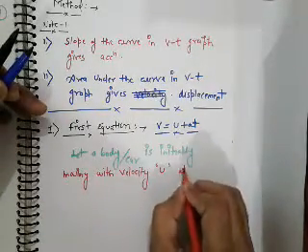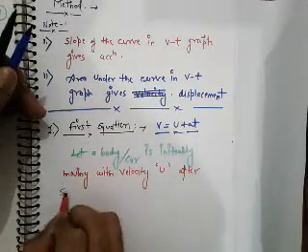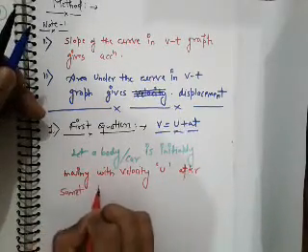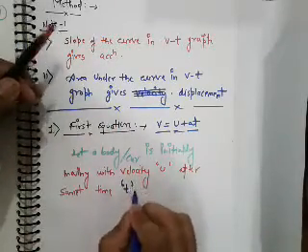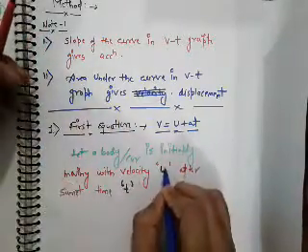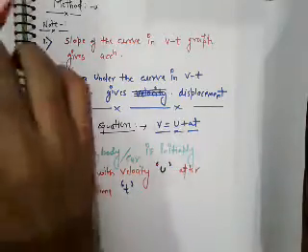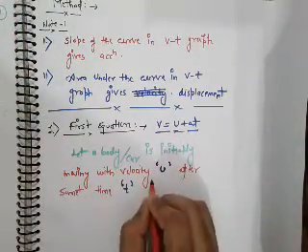After some time, let the time be t. The initial velocity is u and the time is t.